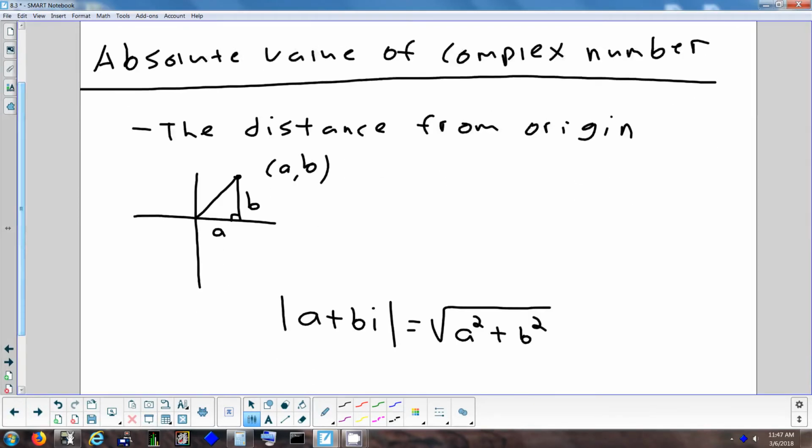So this is your coordinate that you graph. A is the real, B is the imaginary. To find the absolute value of A plus Bi, you're just doing the Pythagorean theorem. Square A, square B, add them up, and take the square root.